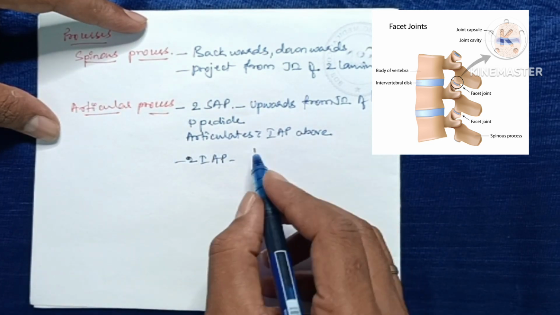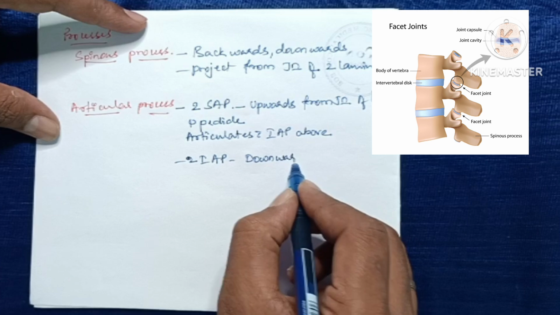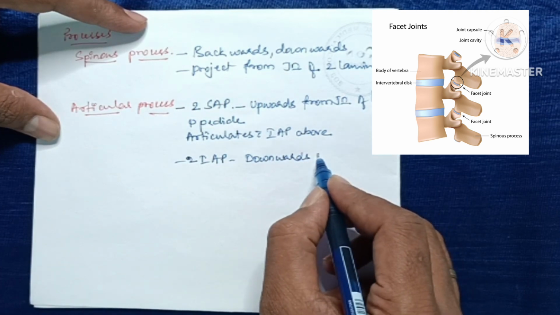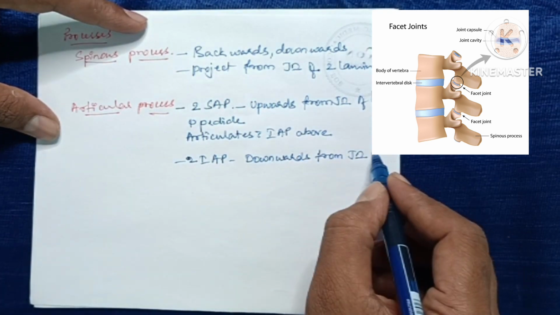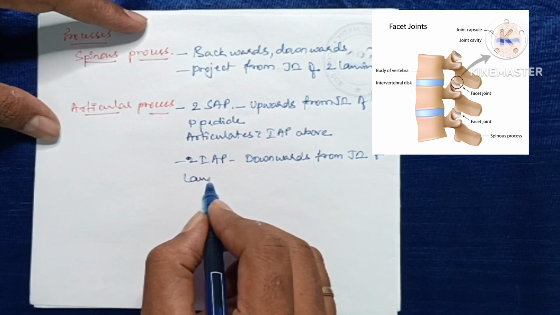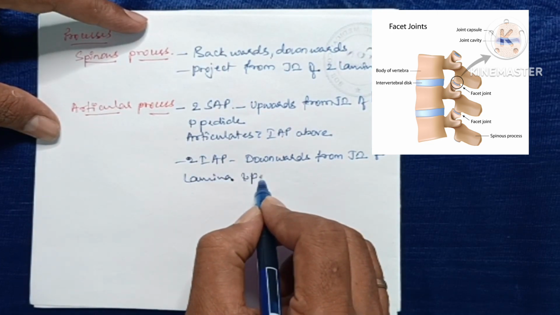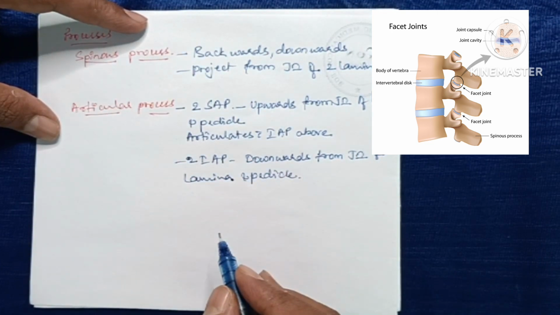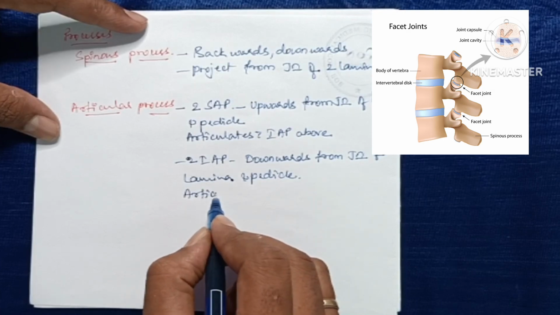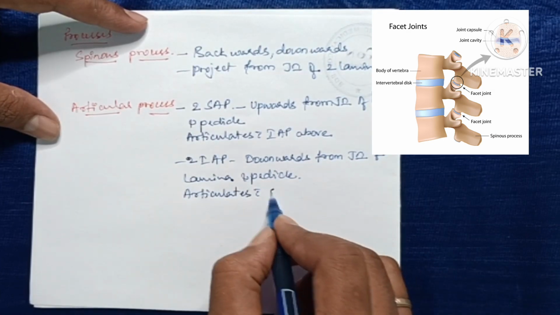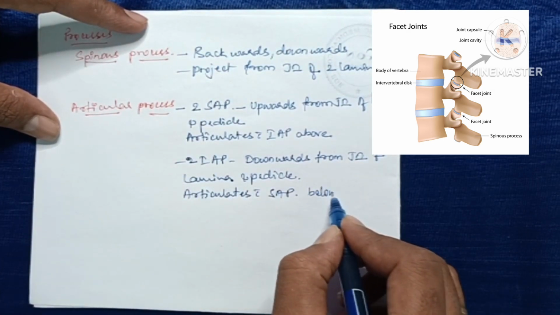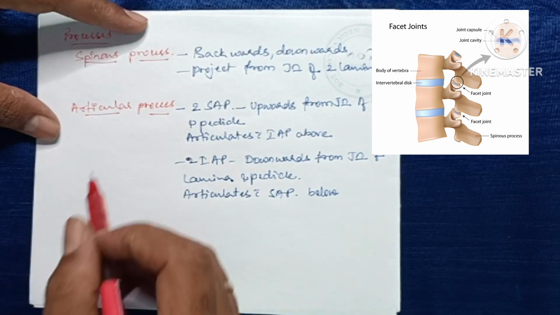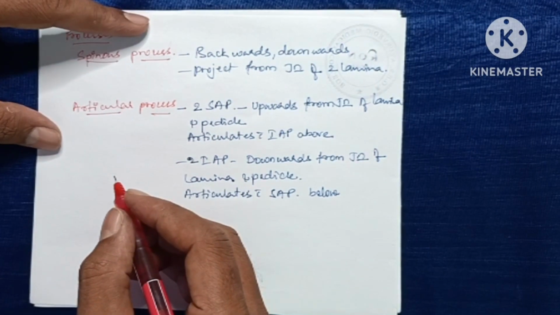Next is the inferior articular process, which projects downwards from the junction of laminae and pedicle. This articulates with the superior articular process below.